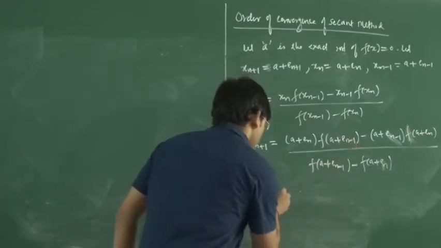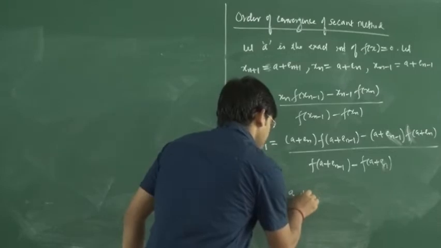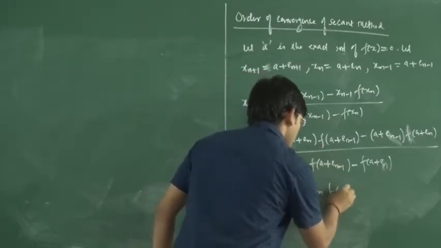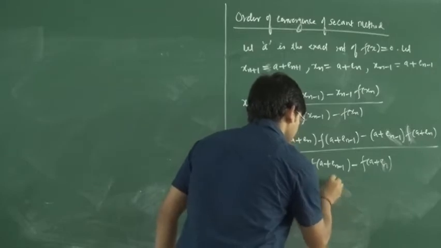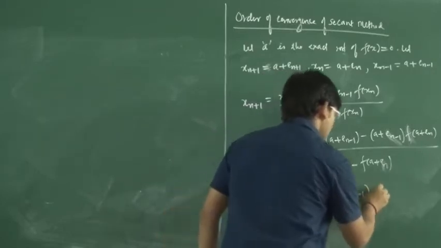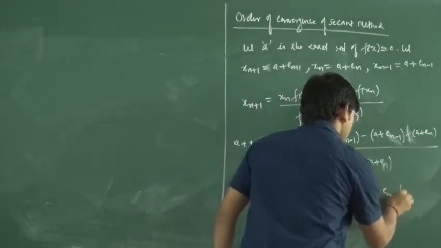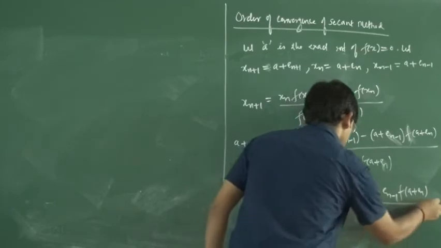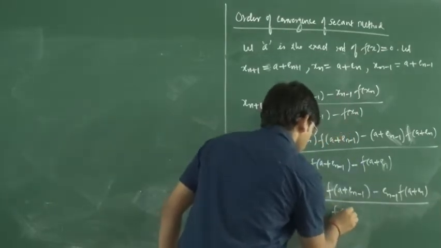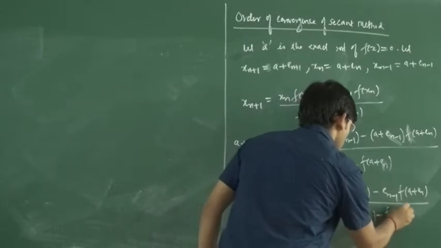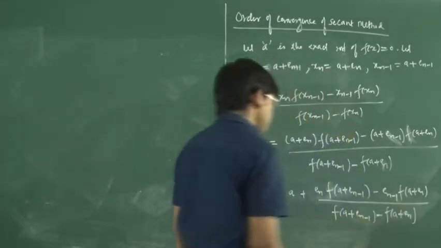So this is equal to a plus e_n f(a plus e_{n-1}) minus e_{n-1} f(a plus e_n), divided by this bracket f(a plus e_{n-1}) minus f(a plus e_n).